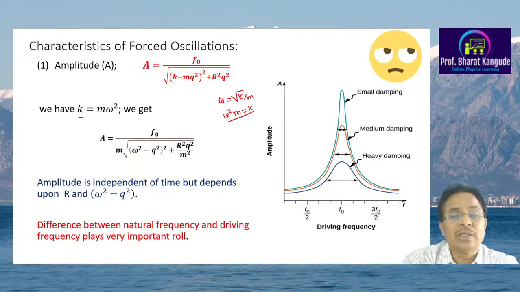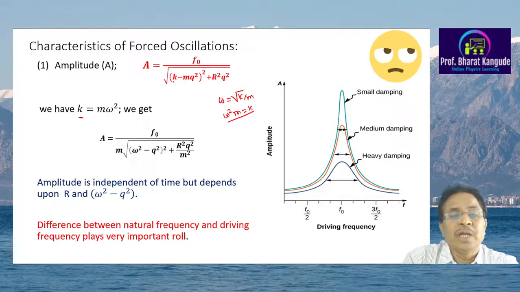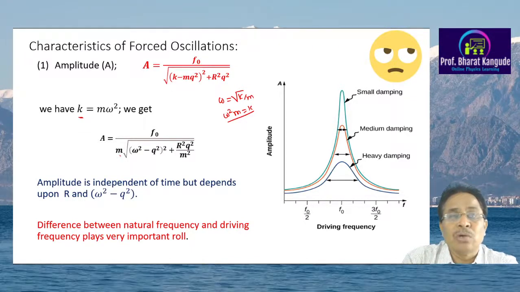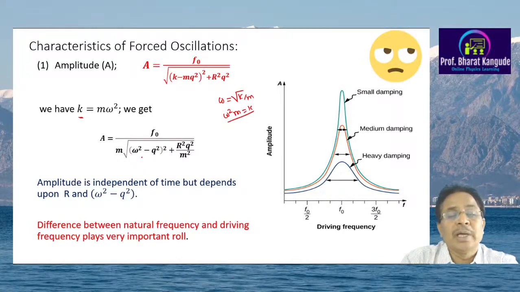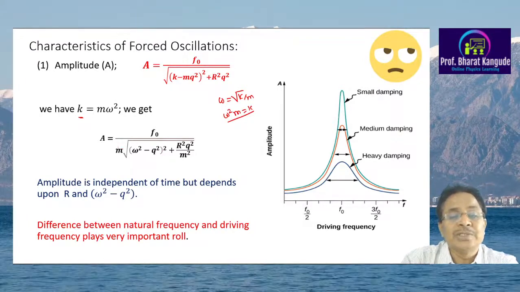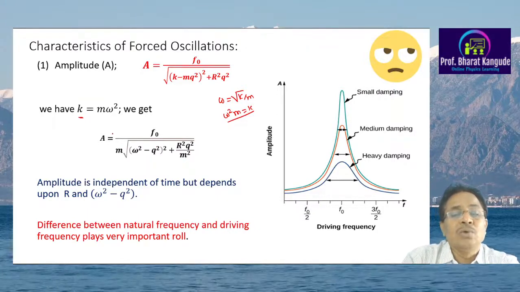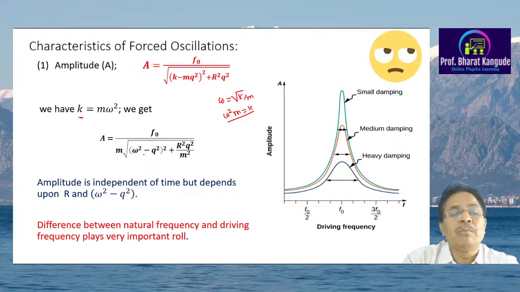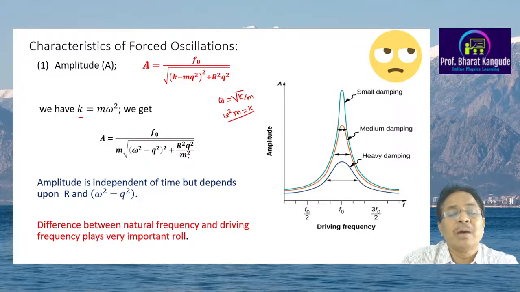The term contains m square, so taking it out of the bracket, the square root of m square is m, and the bracket remains omega square minus q square, square of the bracket, and since m is taken outside the square root, we divide this term by m square again. So we get the expression A is equal to f0 divided by m into square root of omega square minus q square, square of the bracket, plus r square q square upon m square.